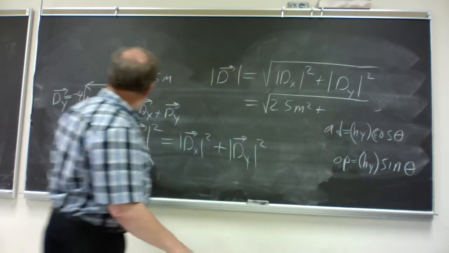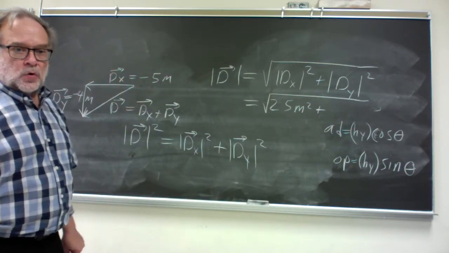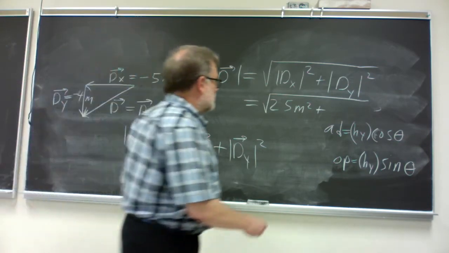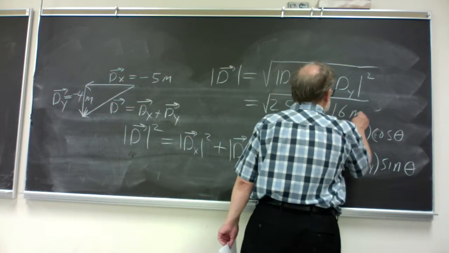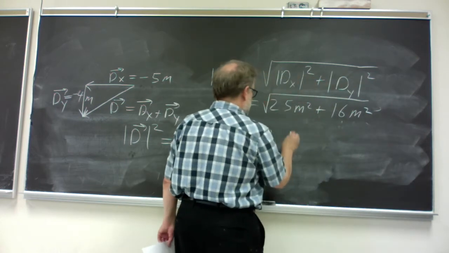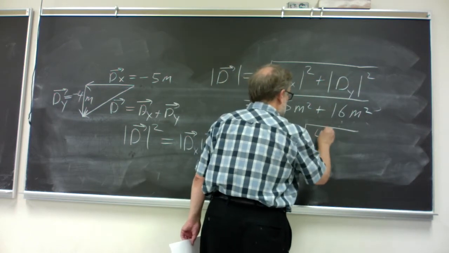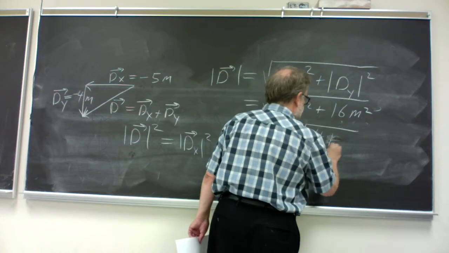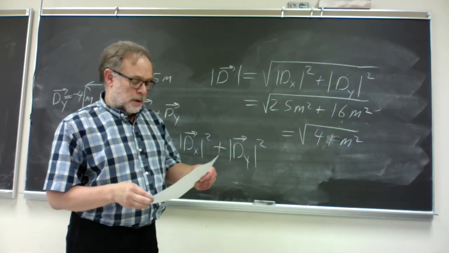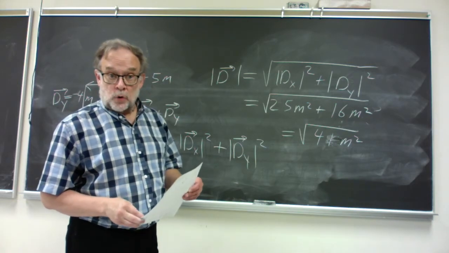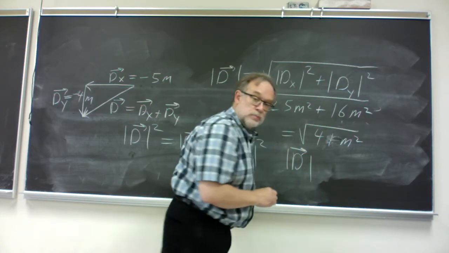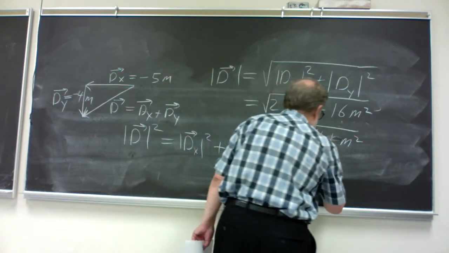Plus dy was minus 4, so minus 4 meters squared is 16 square meters. So that's equal to the square root of 41 square meters, and when you take the square root of that, you come up with about 6.4 meters. The magnitude of that displacement is about 6.4 meters.